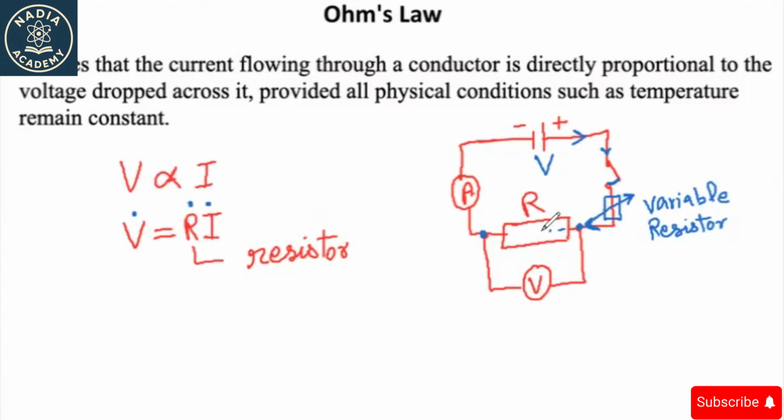So here current will pass through this resistor. It will not go through the voltmeter because the voltmeter's resistance is very, very large. Then this current can very easily pass through the ammeter because the resistance of the ammeter is pretty small.